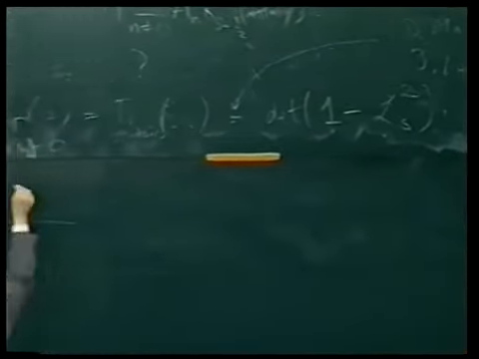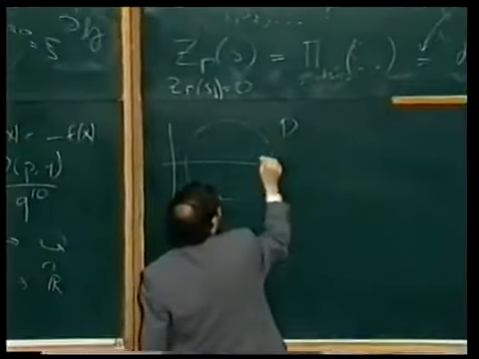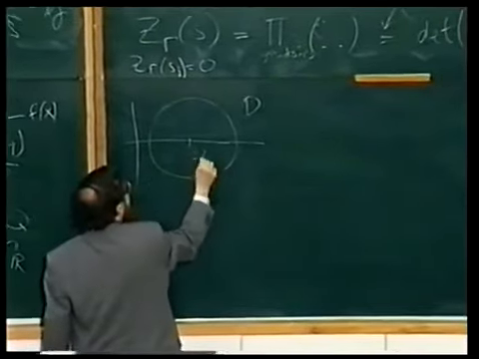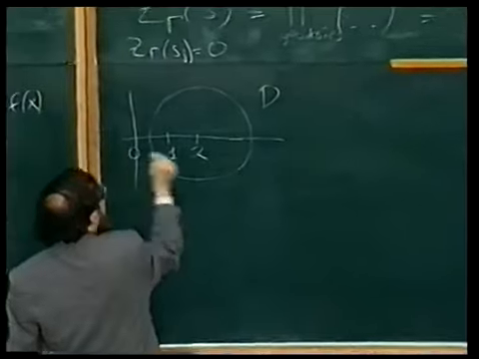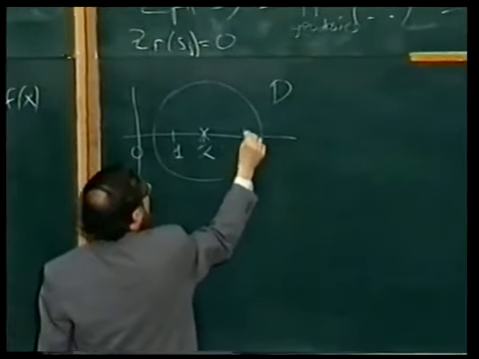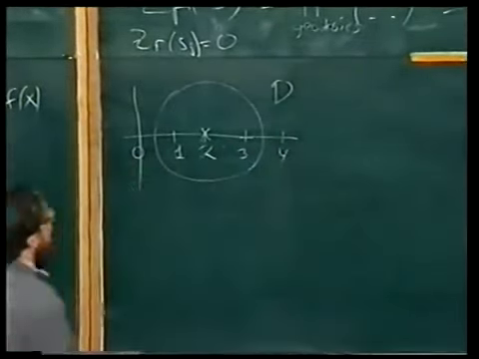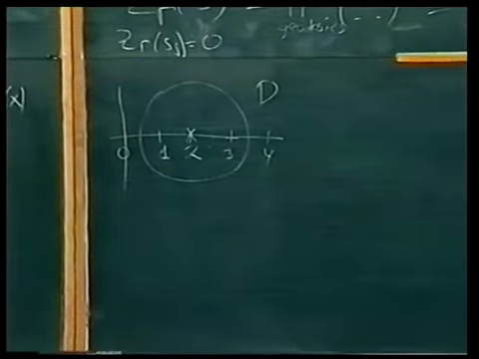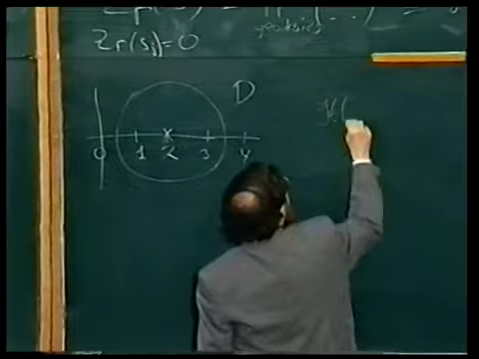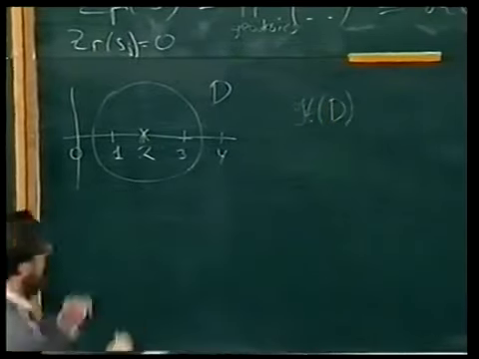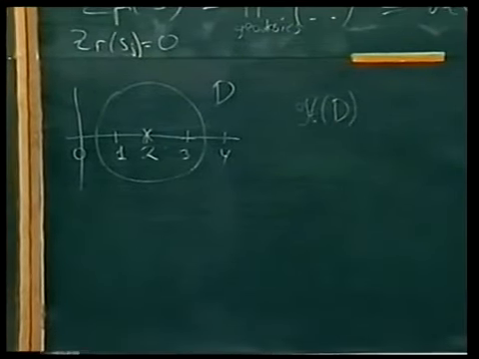You take the disk D of radius 3/2 around the point 2, so it includes the point 1, and you consider H of D, the functions which are holomorphic on the interior and continuous on the boundary.